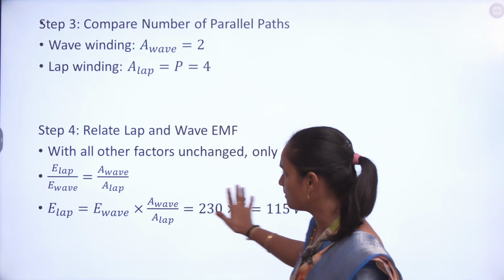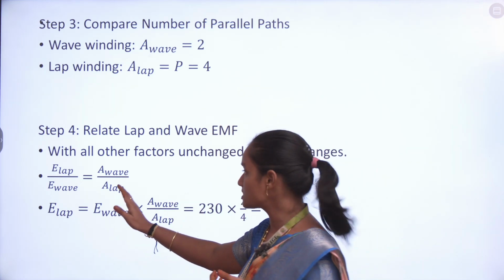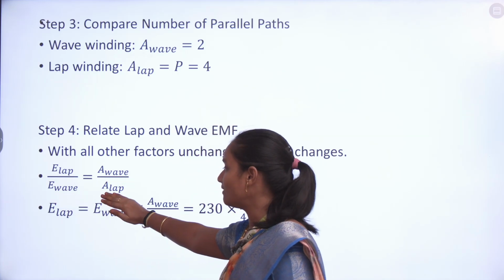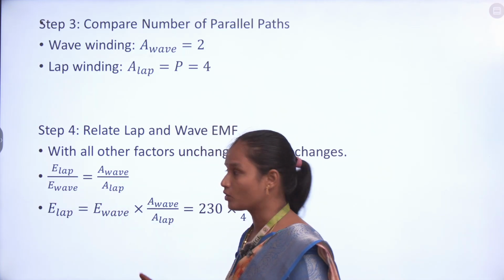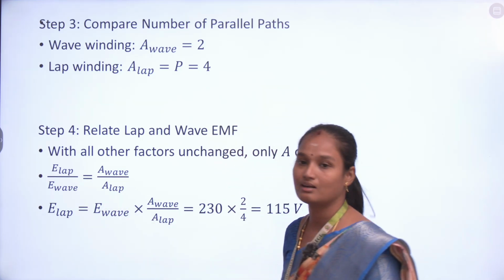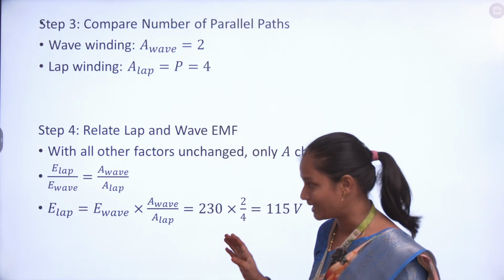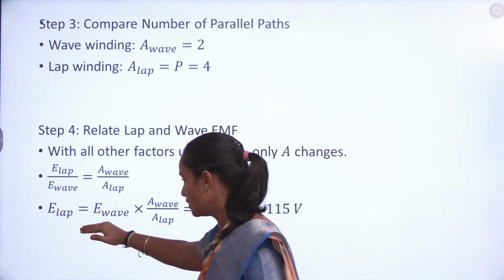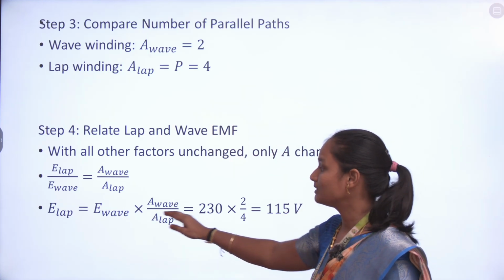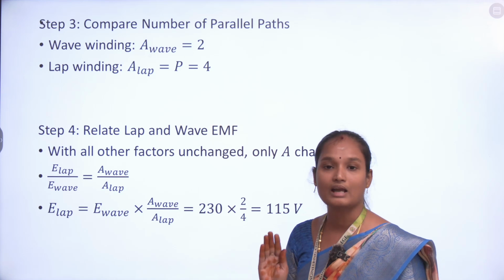So we have to relate the lap and the wave winding. This is a very important formula in order to change the wave into the lap. E lap divided by E wave is equal to A wave divided by A lap, where E is the voltage and A is the number of parallel paths. Here we are about to connect the wave into the lap. Therefore, E lap is equal to E wave into A wave divided by A lap. We know the rated voltage is 230, into A wave, which is always 2.